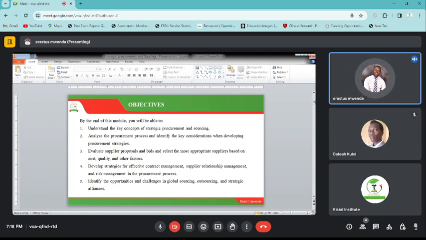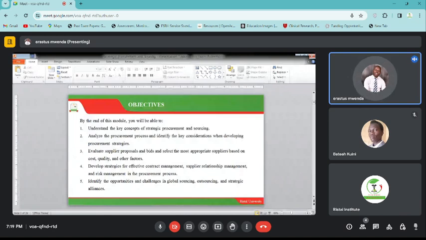And when we are doing all these, then we want to align our activities with the overall organizational goals. So even as we are identifying, sourcing, and acquiring goods, what is the overall organizational goals? Examples of what we would call organizational goals include things like profit maximization. So there are those organizations that are geared towards making enough profit.